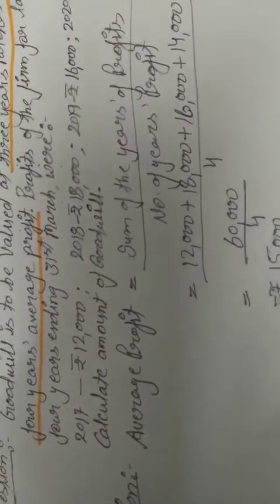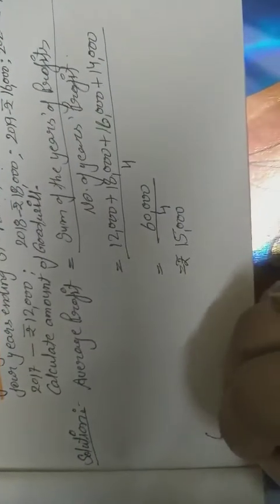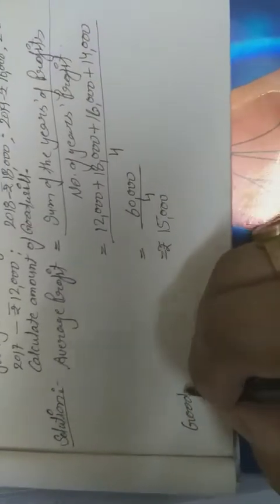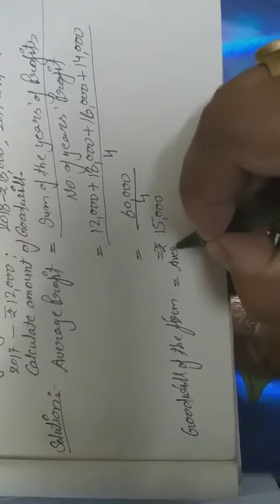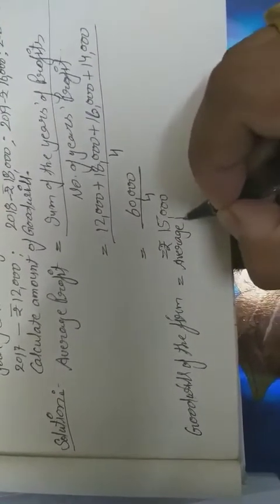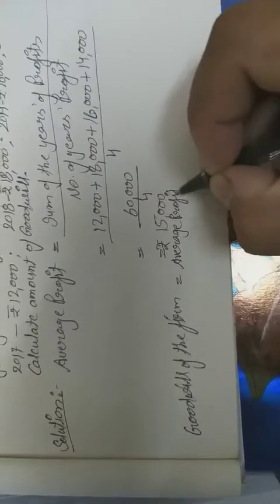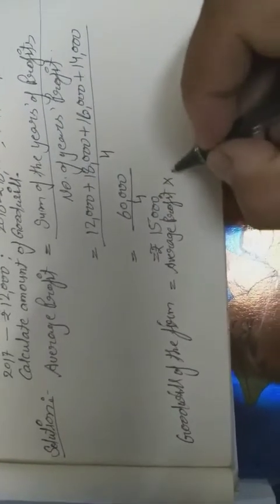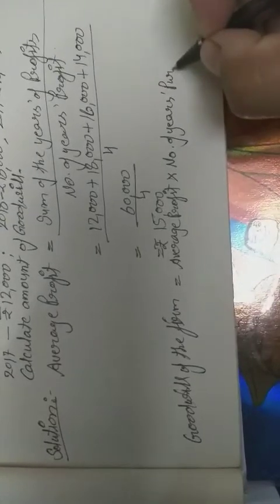Now we have to calculate the goodwill. The formula of goodwill is: goodwill of the firm is equal to average profit multiplied by number of years purchases.